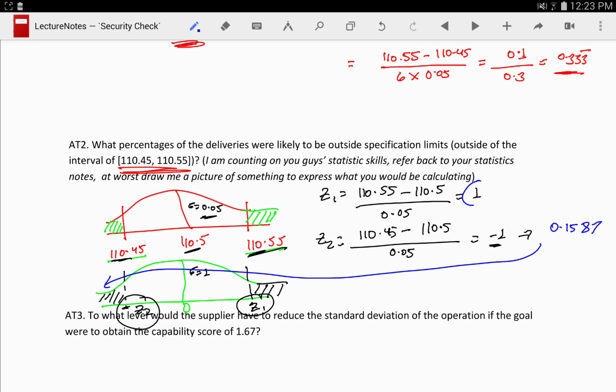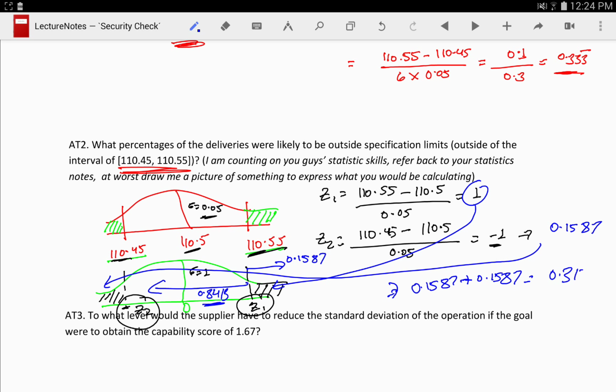Similarly, we want to find what is right of here. If you look at the Z equivalent of +1, it is 0.8413. So the left of this is 0.8413, which means the right of this is again 0.1587. That is 1 minus this value. So outside these limits, we have 0.1587 plus 0.1587, giving about 0.3173.